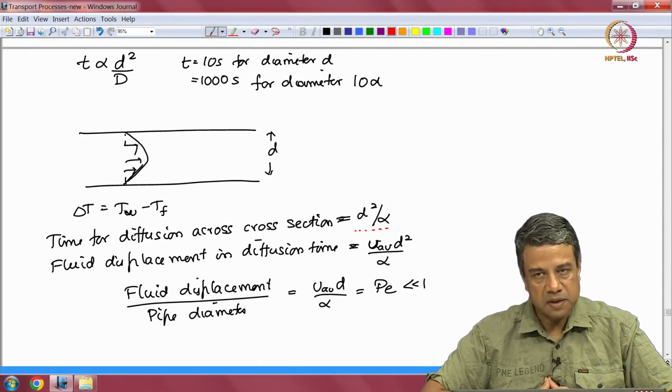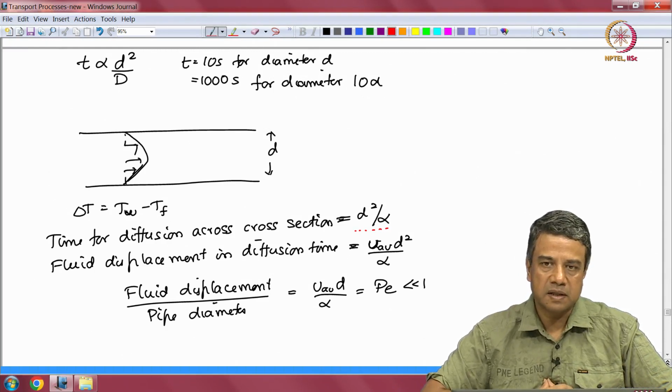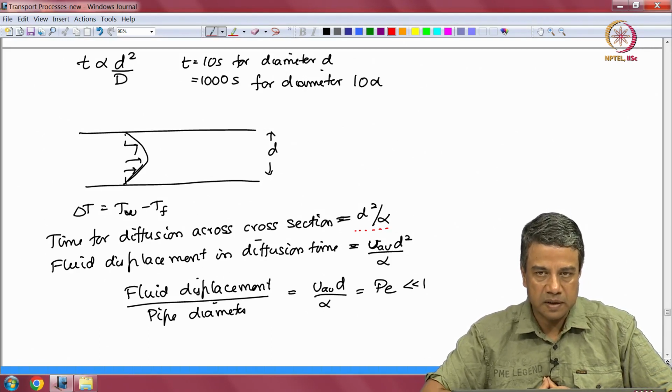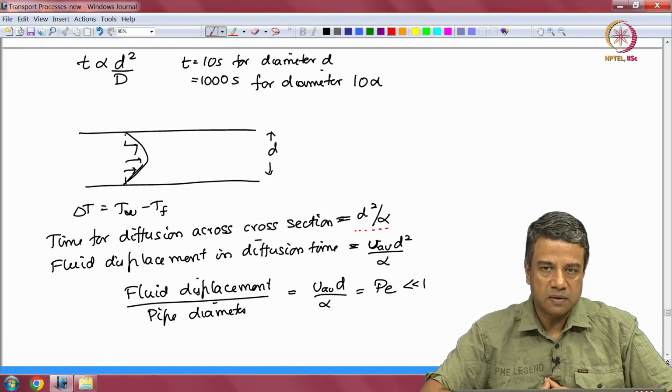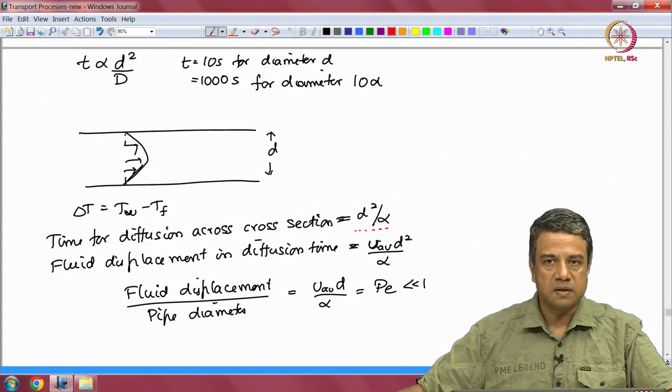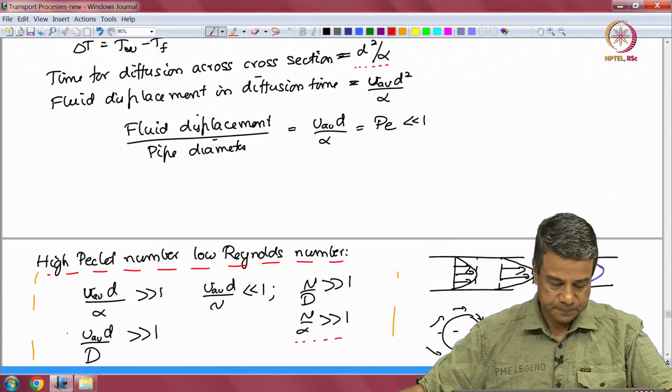Therefore, all of the heat transfer happens and the temperature equalizes within the time it takes for the fluid to travel one pipe diameter, and there is no advantage to having a long pipe in this case. So, this is not of relevance in pipe flows.